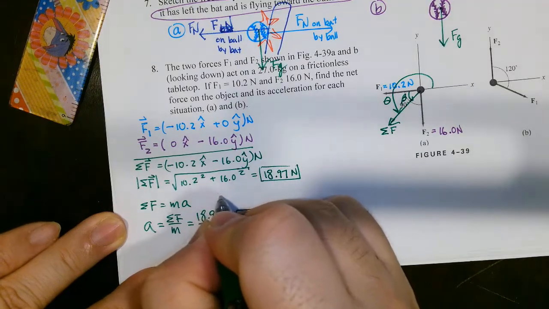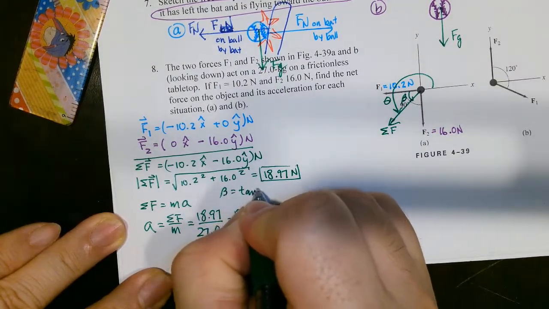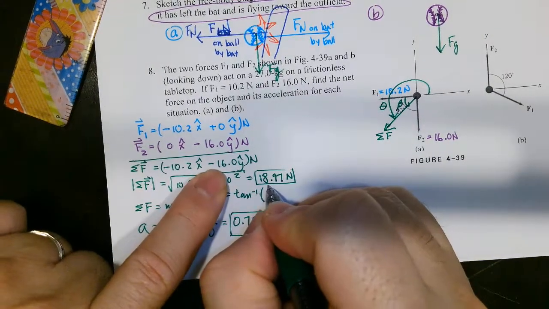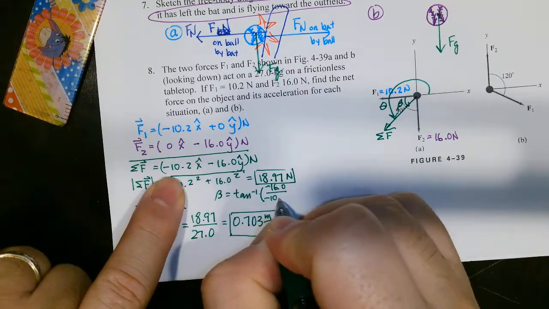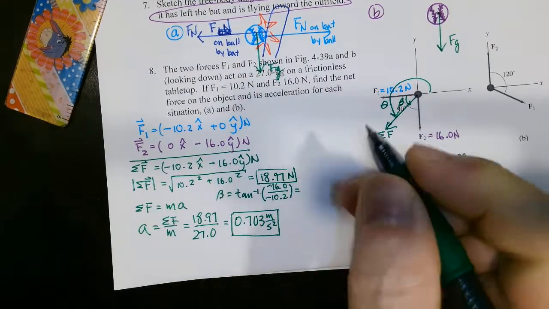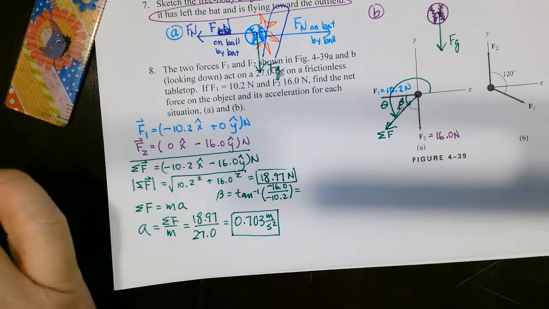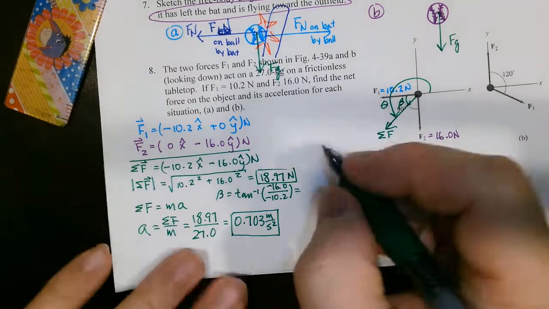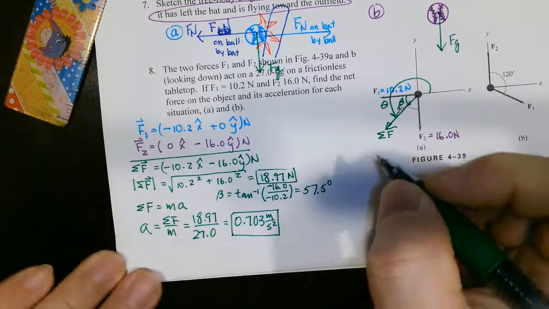So you can find beta is equal to tan inverse of negative 16.0 over negative 10.2. So what is the beta? Beta is tan inverse of 16 divided by 10.2, and I get 57.5 degrees.